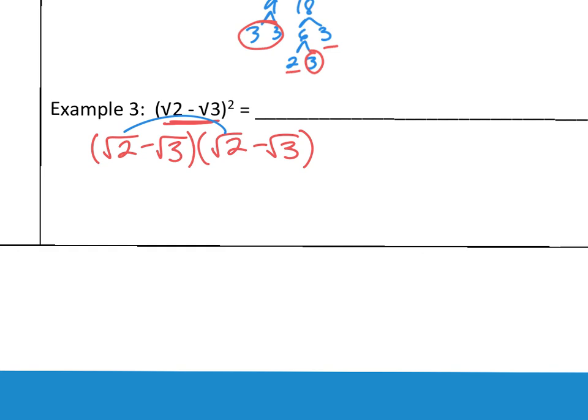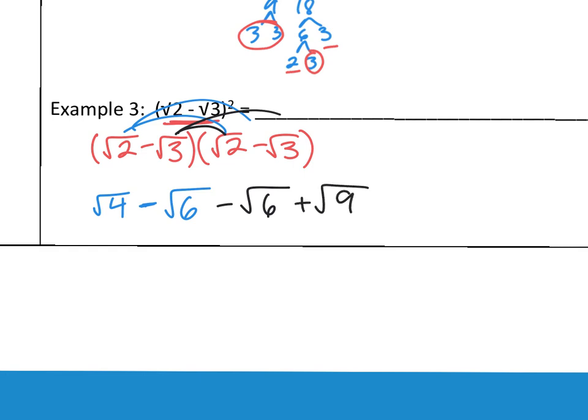Square root of 2 times square root of 2. Just multiply the inside. Square root of 2 times negative square root of 3 is going to be a negative square root of 2 times 3, which is 6. Negative square root of 3 times 2 is going to be also a negative square root of 6. And then square root of 3 times negative square root of 3 is positive square root of 9.